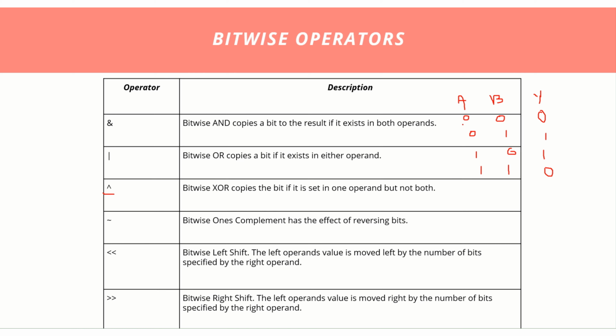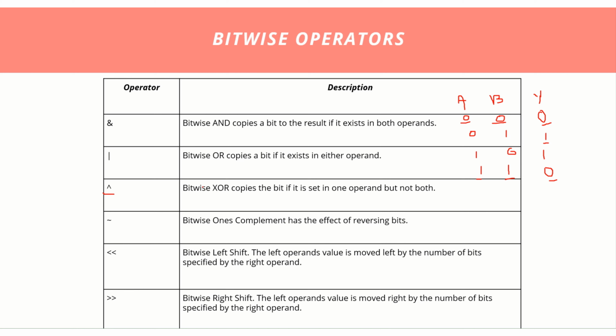If both the conditions are the same, like both conditions are false, then output is false. Here both conditions are true, then the output is false. And if one condition is false, second is true, then the output is true.